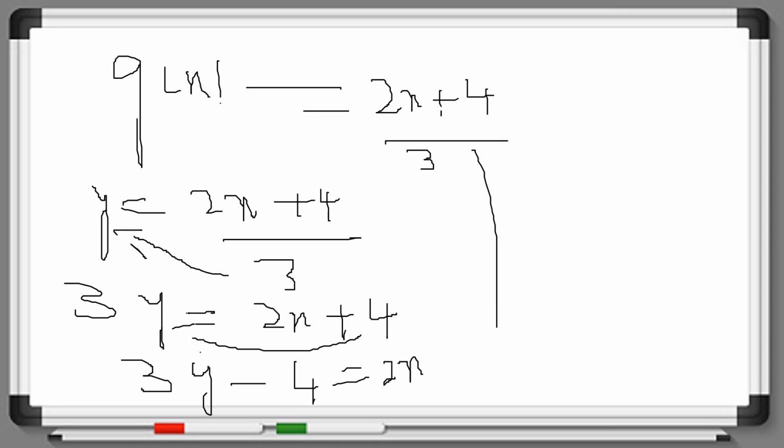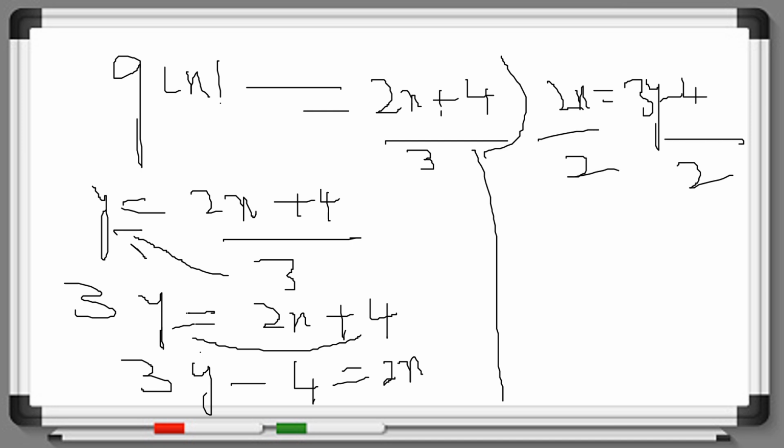Next step, we want to make x the subject. So I will write 2x on the left-hand side: 2x is equal to 3y minus 4. Then divide by 2 on both sides, or send 2 to the right-hand side. So x is equal to 3y minus 4 divided by 2.